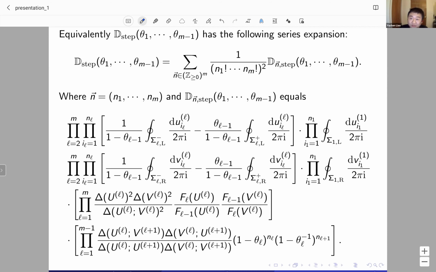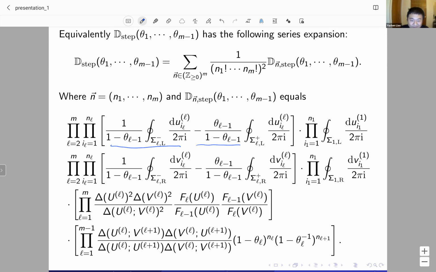You have this series summation where you sum over all multi-indices with length m, and each of these terms is given by the following quite long multiple contour integrals, where these are just the complex weights we associate to those contours.